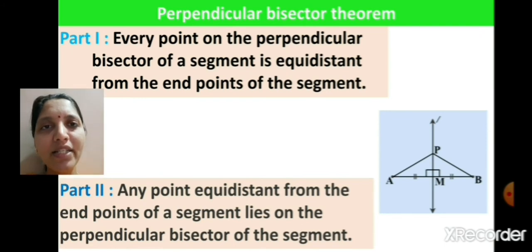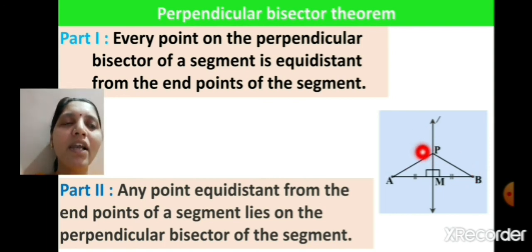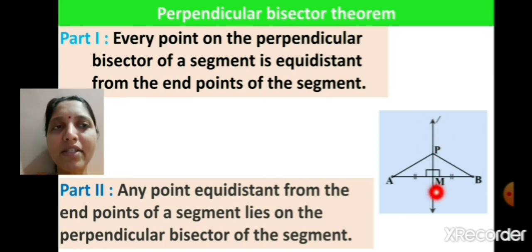Part 2 states that any point equidistant from the endpoints of a segment lies on the perpendicular bisector of the segment. That means if PA is equal to PB, we can say that point P lies on the perpendicular bisector of segment AB. Okay.